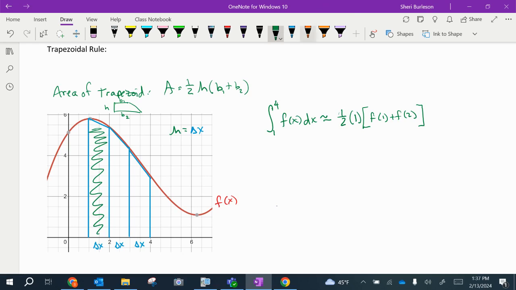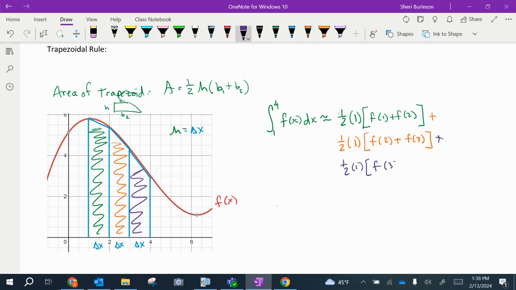And then the second trapezoid, I will add to it. Again, I have half from my area of a trapezoid times my delta x. Now I have the left base, in this case base 1 is now f of 2, and the other end is f of 3. And then lastly, for this trapezoid, I now have 1/2 times 1 times f of 3 plus f of 4.